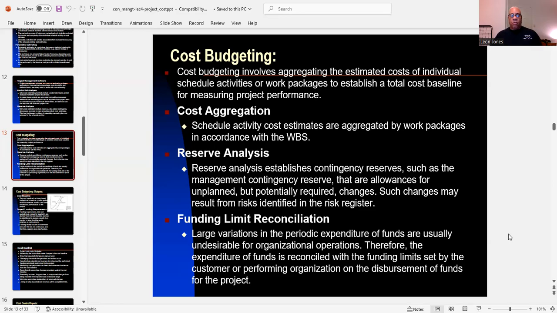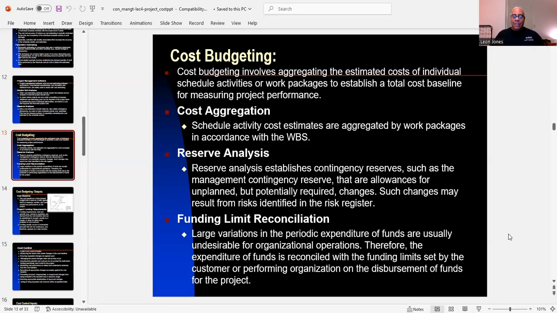Then you have the reserve analysis, and that establishes contingency reserves, such as the management contingency reserve, that are allowances for unplanned but potentially required changes. Now, such changes may result from risks identified in the risk register.